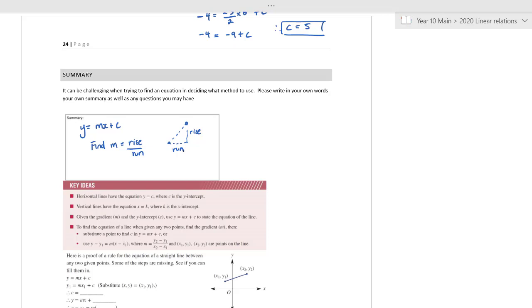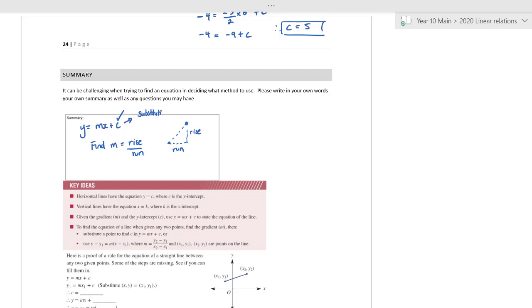Alternatively, once you've found the gradient, you can then use a single point on the line, and we can find c. Unless it's given to us, we can find this by using substitution.